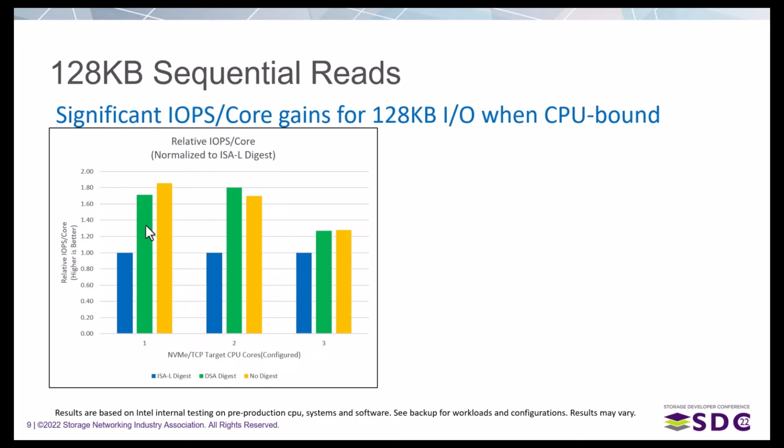And basically what we saw is as we give more CPU cores, more CPU cycles to the target, it was taking advantage of those additional CPU cycles to submit more work to DSA, and hence we see the IOPS per core for the target when it was using DSA, that green bar, coming pretty close to matching the same numbers as when the target wasn't even computing the digest at all.